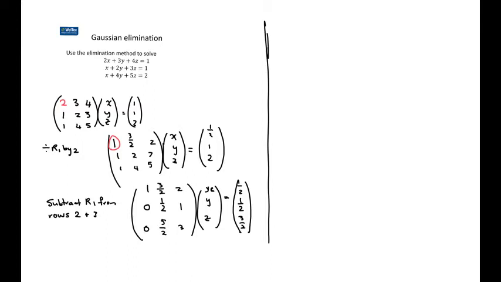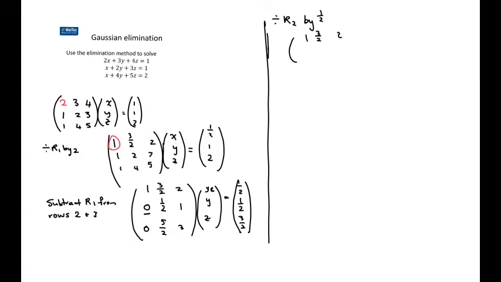Now the next step: we've got our 0 here, which is what we wanted, and a 0 there, but we need to turn the next number into a 1. So we're going to divide row 2 by 1/2, because that'll turn it into a 1. Then we've got 1, 3 over 2, 2.